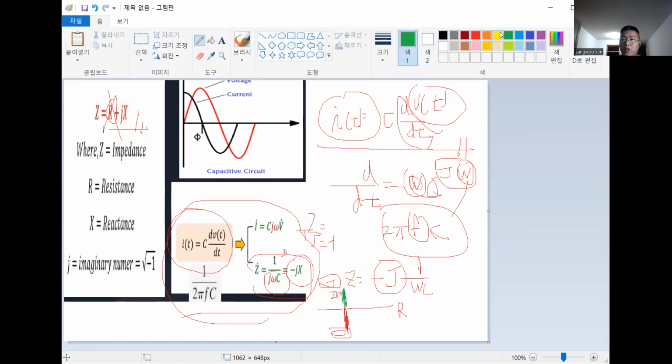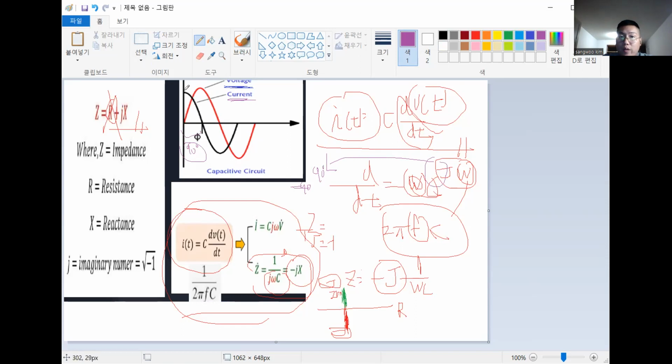And as I mentioned, look guys, the red line is voltage, and the current is the black line. How do we recognize lead or lag? Look at that. Compared at the peak point, which one comes first? There's a 90 degree difference, because j, as I said earlier, is a 90 degree shift.